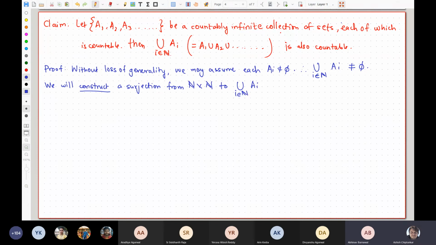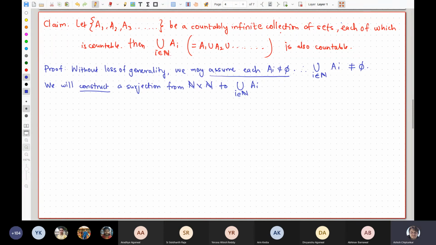Good. Usually you'll write it in two scenarios. Scenario one is where the proof is kind of obvious if your assumption is false. What have we assumed over here? Each A_i is not empty. If your assumption is false, then the proof reduces to the case where your assumption is true.